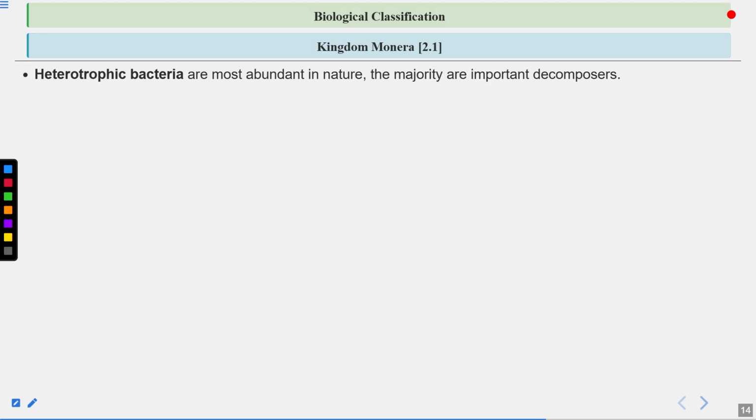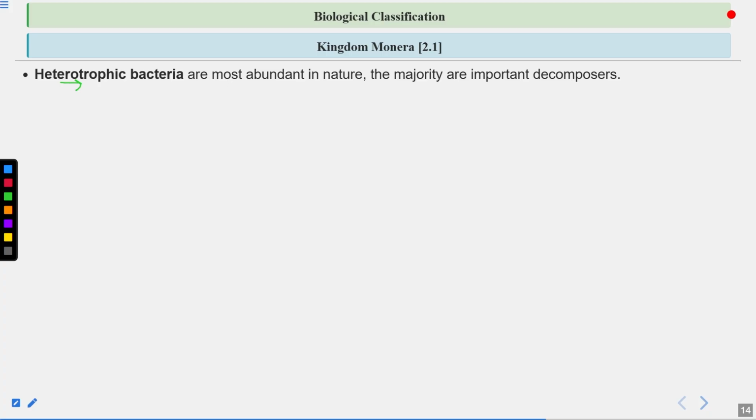Now, earlier I told you that the members of Kingdom Monera can be autotrophs or heterotrophs. We have already talked about the autotrophs: photosynthetic autotrophs and chemosynthetic autotrophs. Now we'll talk about the heterotrophic bacteria. Heterotrophs means organisms which derive nutrients from other organisms, or which are dependent on other organisms for nutrition.